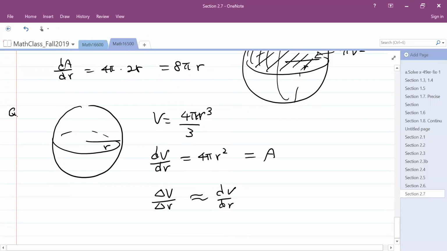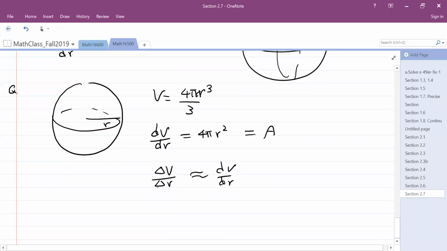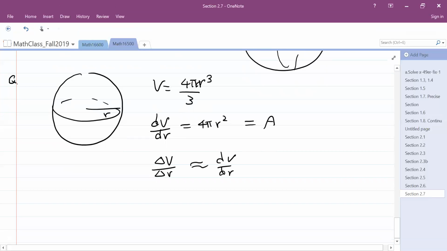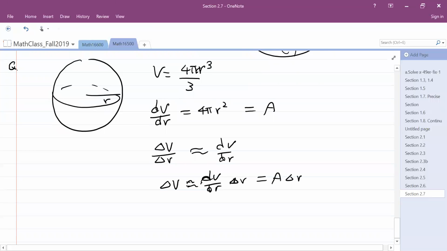When you change the radius a little bit, the change in the volume, delta V, is about the derivative times delta R. In other words, it's about the surface area times delta R. So a larger area gives you more.